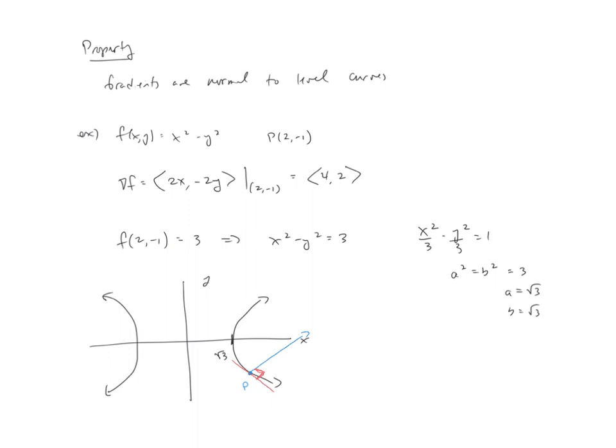And that should be the case every time. Again, the gradient vector is going to be normal to all of the level curves of this surface. The one specific level curve we were interested in was this guy right here. So that's why we evaluated and we came up with a specific vector in blue.